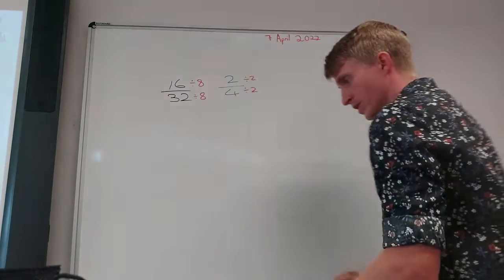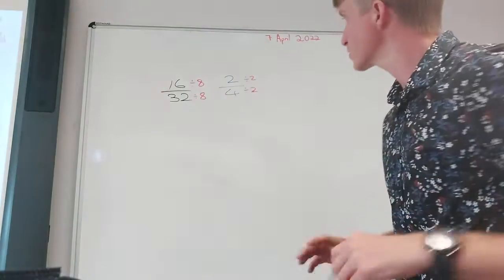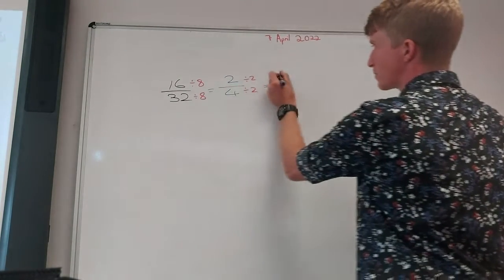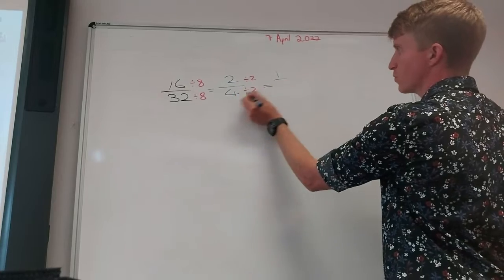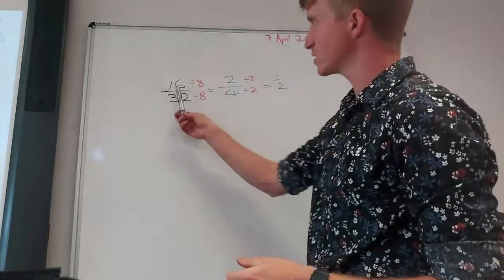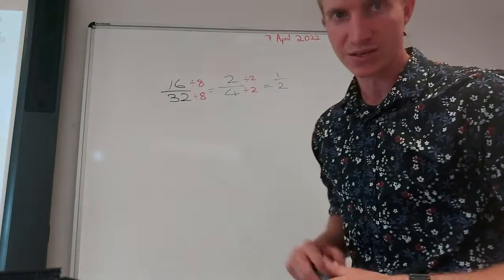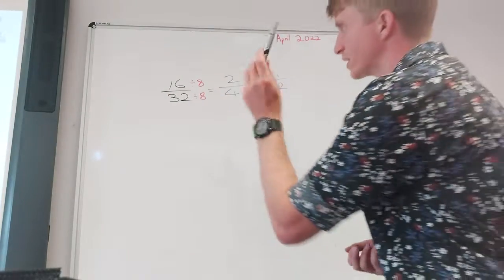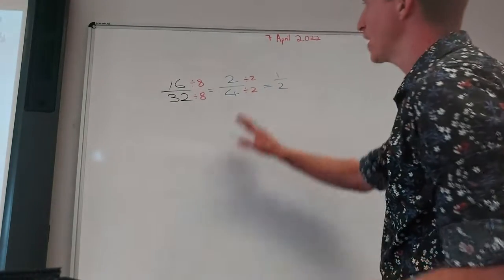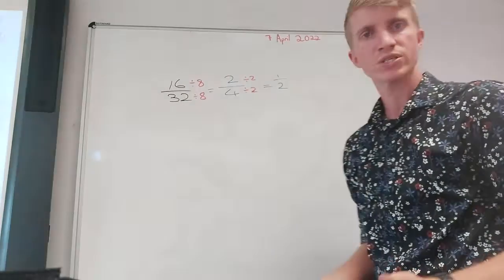So that will give me 2 divided by 2, 1. 4 divided by 2 equals 2. So right at the start, I said 16 is a factor of 32, but we didn't know that, so we tried 8. It worked, and then I can simplify it one more step.